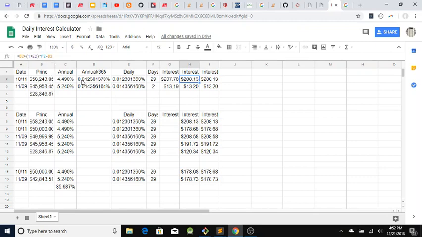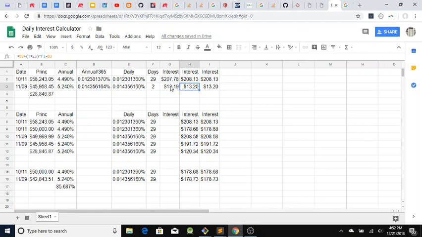And then I get this interest. So you see the interest I calculated? It's pretty close to what they reported. Some of it's rounding error, but it's very close. And you see that the same with the lower number. It's very close. My number is within a penny.